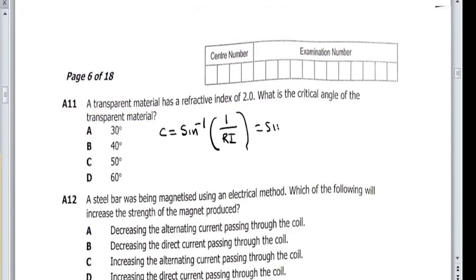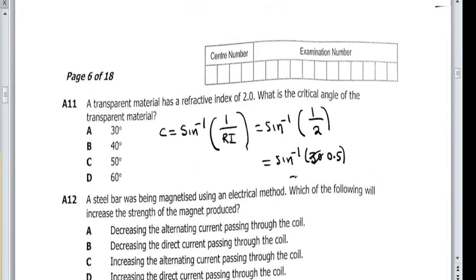So it's going to be the inverse of sine 1 over the refractive index, which is 2. For this one, it's supposed to be the inverse of sine 0.5.